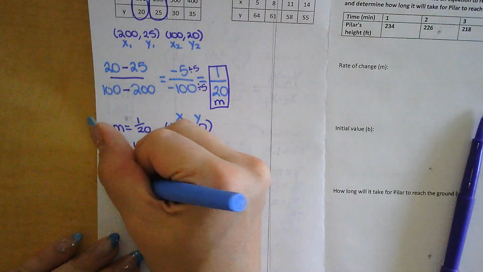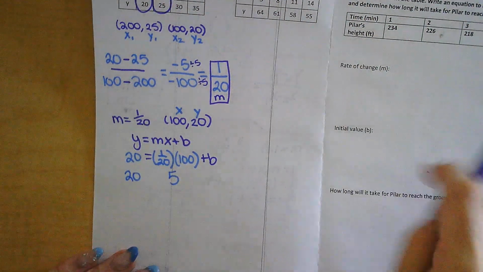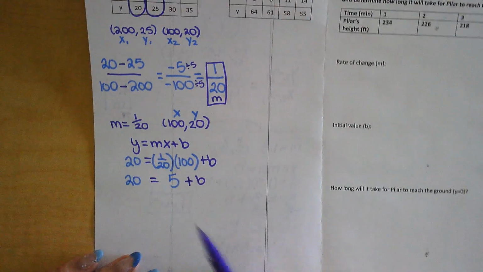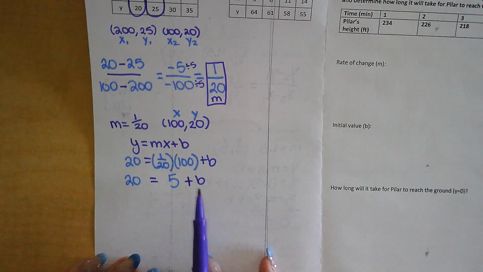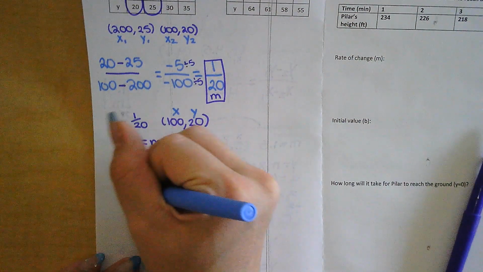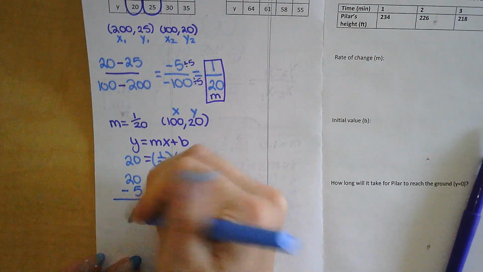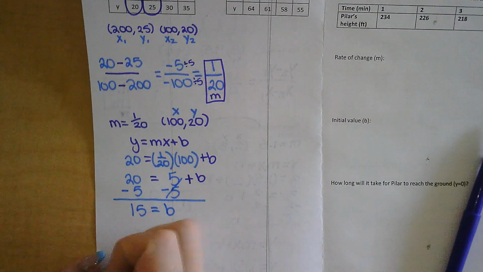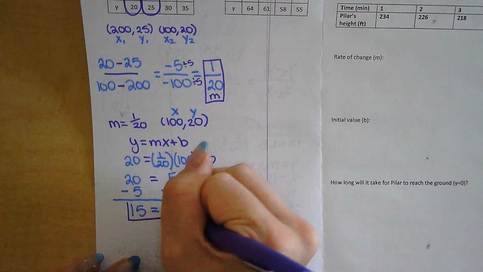And I'm going to drop down 20 equals and plus b. And now what is added to 5 to get to 20? Well, that must be 15. I'm going to show that with inverse operations. And now I have my y-intercept.